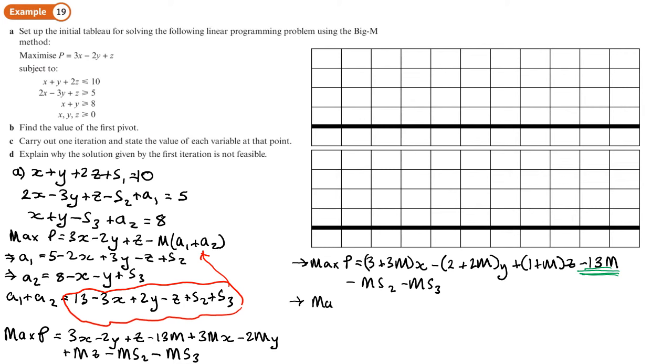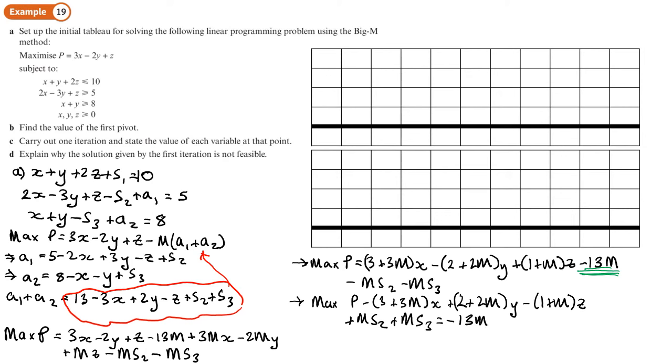So we now get maximizing p minus 3 plus 3mx plus 2 plus 2my minus 1 plus mz plus ms2 plus ms3 equals negative 13m. So now we can put the coefficients into our tableau.